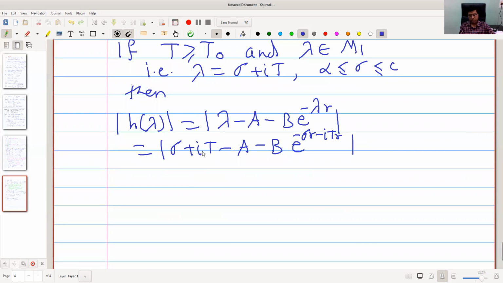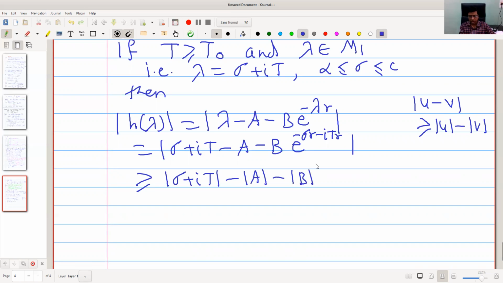Now this is of the form mod of u minus v, and we can write this as greater equal mod u minus mod v. So this we can write greater equal mod of sigma plus it, minus mod a minus mod b, into mod of e raised to minus sigma r minus itr.